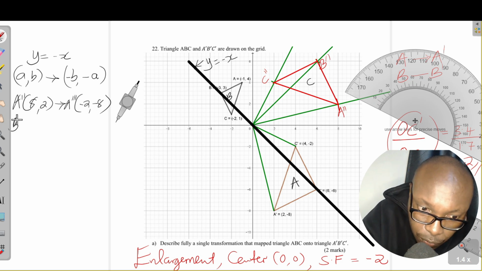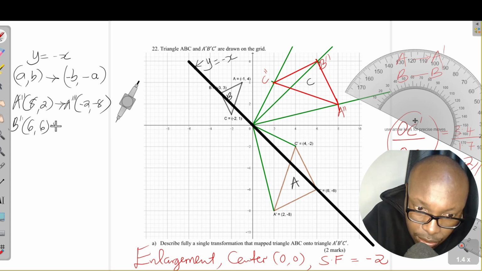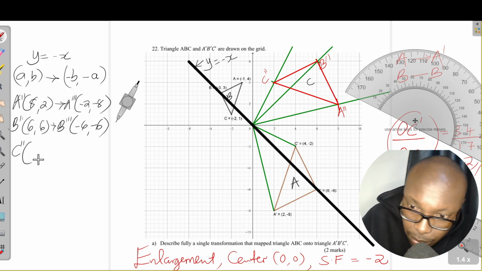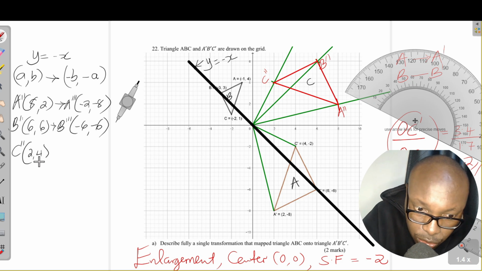Then B double prime is 6, 6, so B triple prime becomes negative 6, negative 6. Then for C double prime, we have 2, 4, and that one becomes negative 4, negative 2.